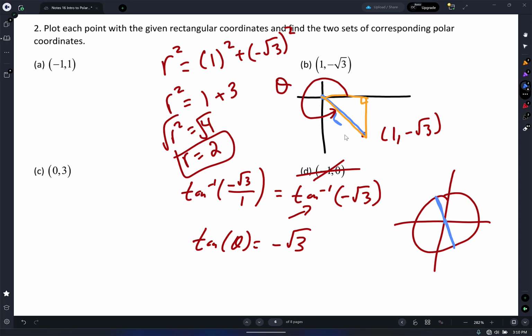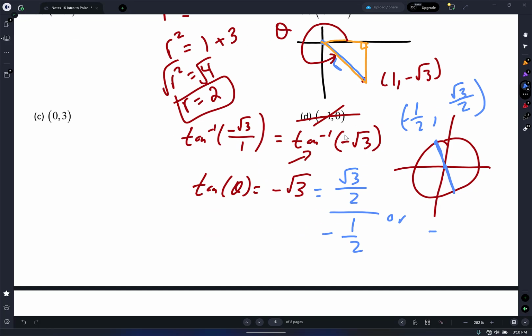I hear some of you talking correctly. I need the y value to be the square root of 3 over 2, because it's y divided by x. So I need square root of 3 over 2 in the numerator and a negative half in the denominator, or I need a negative square root of 3 over 2 in the numerator and a positive half in the denominator. Remember that tangent is y divided by x.